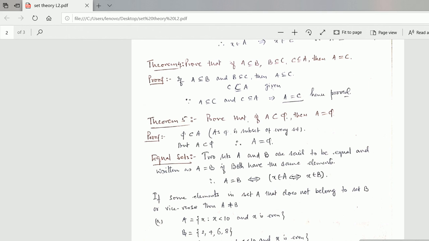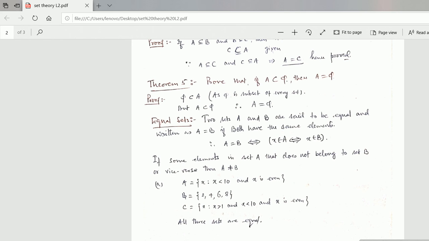Therefore A equals B implies that x belongs to A, and this also implies x belongs to B. If some elements in set A do not belong to set B or vice versa, then A is not equal to B. That means to get equal sets, if x belongs to A, that implies in both cases that x also belongs to B.